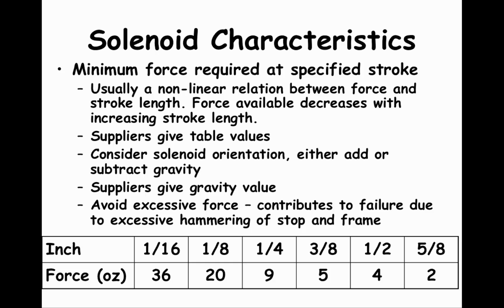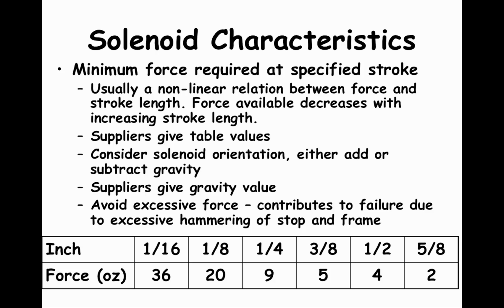There are several characteristics that need to be considered when selecting a solenoid. One is specifying the amount of force that the solenoid needs to generate in the energized state to implement the motion and action you want. The relation between solenoid force generated and the stroke length of the plunger is usually nonlinear.